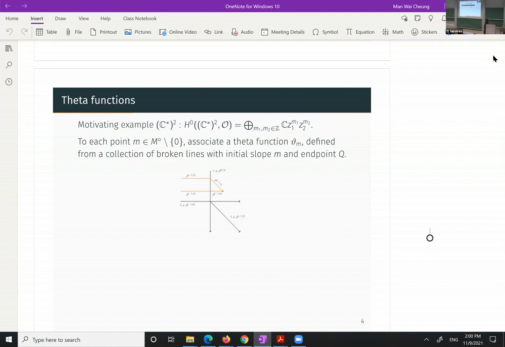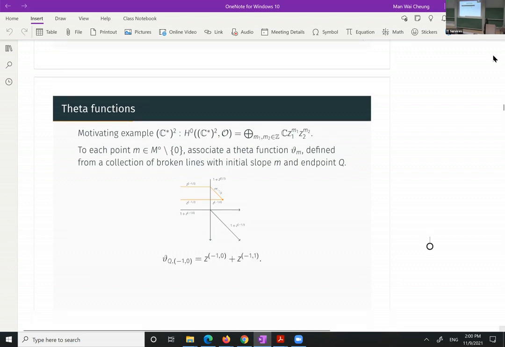In this example we have (-1, 0). This is one broken line that doesn't bend, and this is the other broken line that bends over the wall. Then the theta function is the sum of all the monomials associated to the final piece of linearity, and this is our theta function.